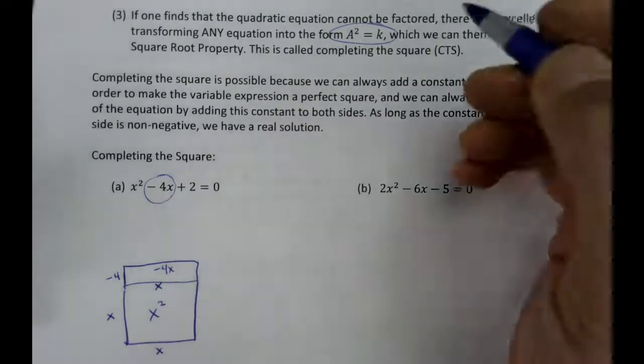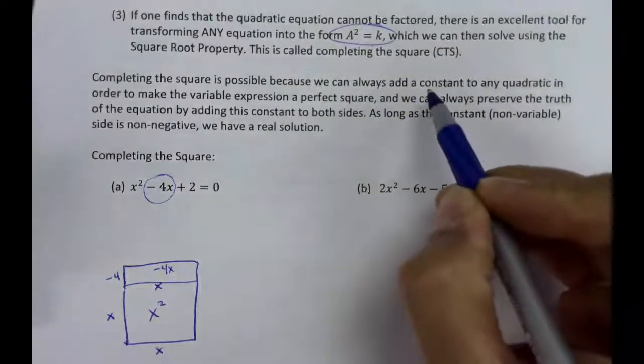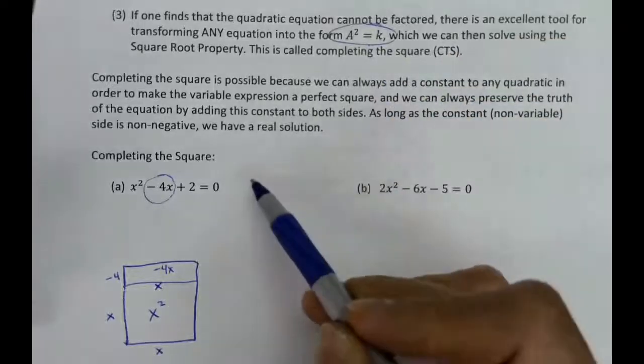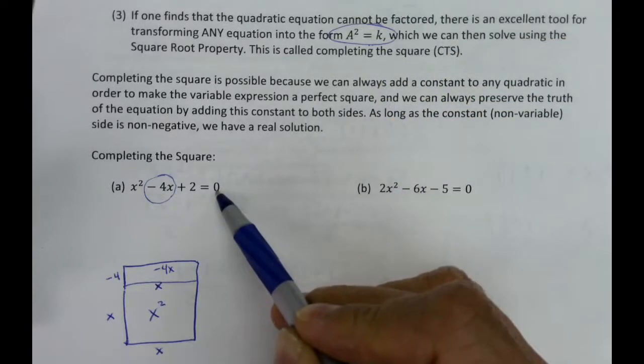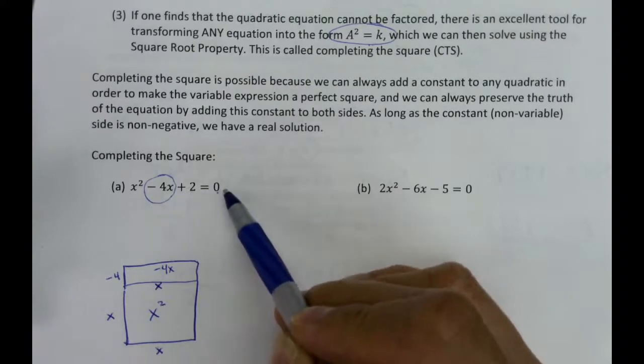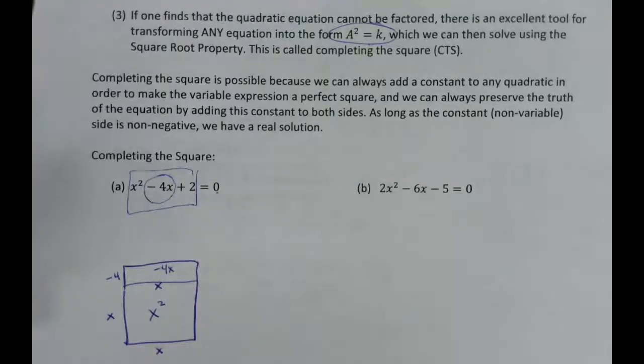That doesn't help me. But if I add a number, because if I'm going for this, I don't necessarily need that to be 0. It could be a number. And if I can add a number to both sides, that will make this a perfect square.